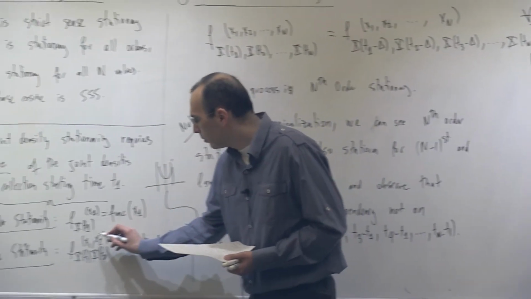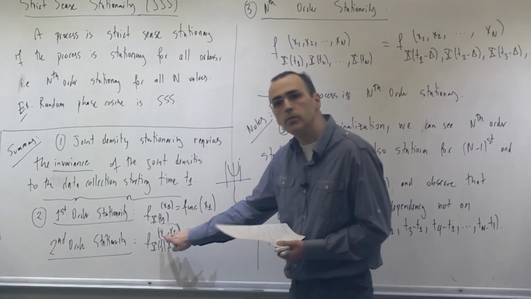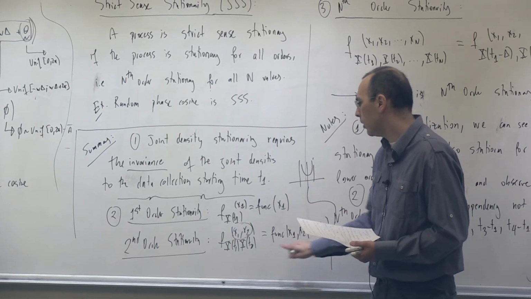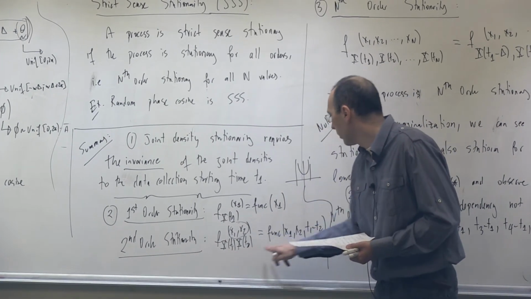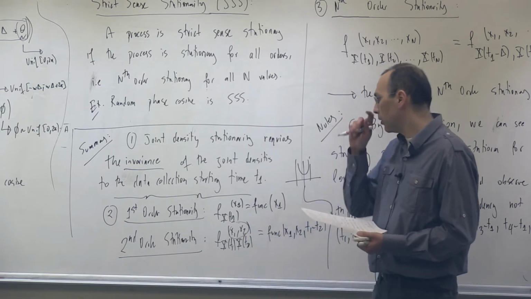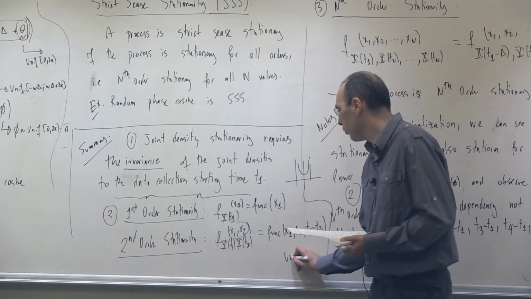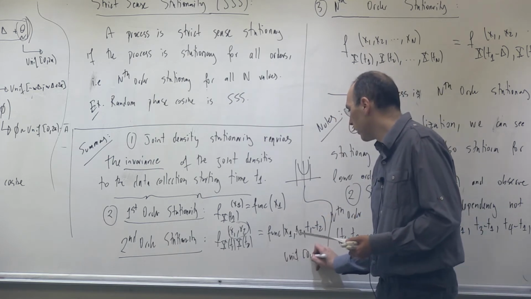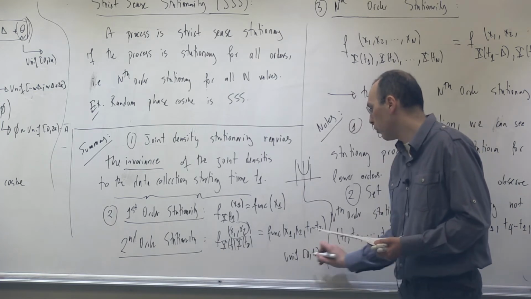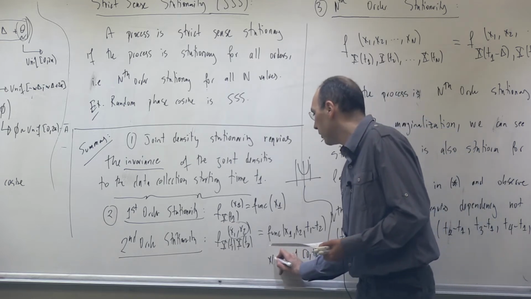So in general, when you think about the joint density, these are the variables for the density. T1, T2 you may think about as fixed times affecting the parameters of this density. Okay? What do I mean by that? For the random slope signal, for example, it was a uniform distribution between 0 and t1. Am I right? So this end is the parameter. It's a uniform distribution, but it's uniform between 0 and t1 for the random slope signal.